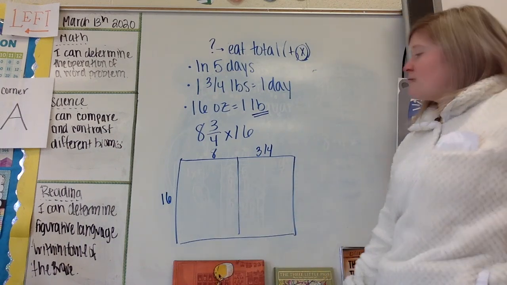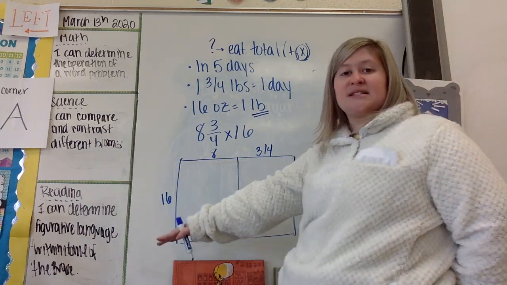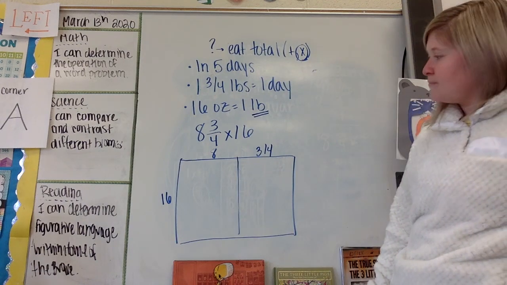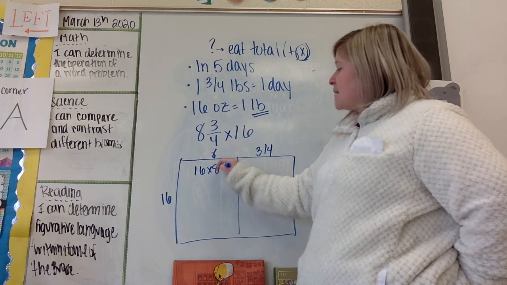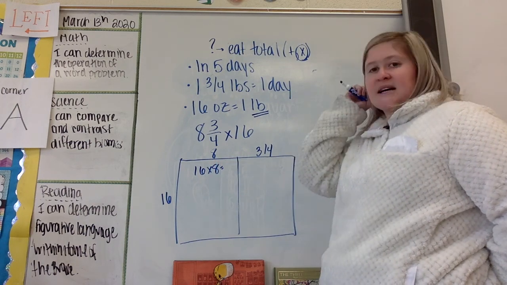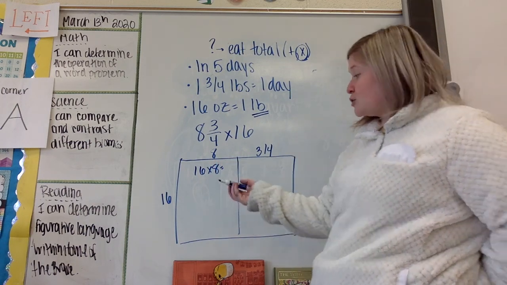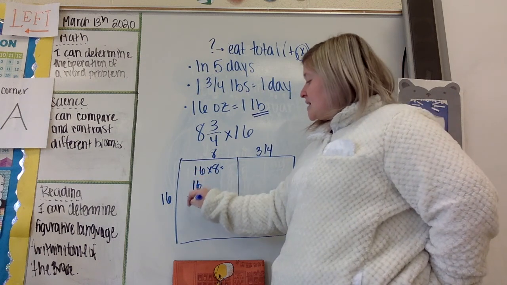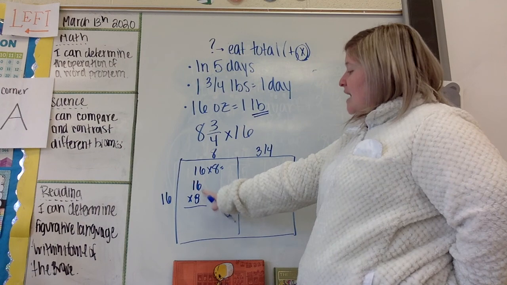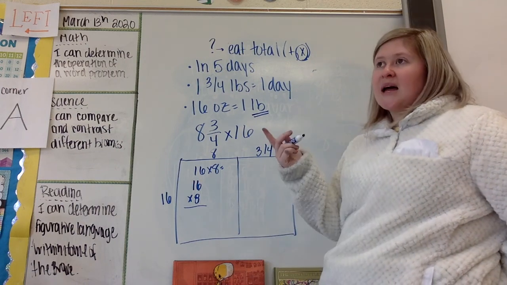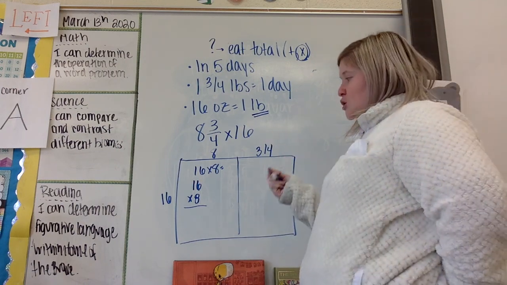Now, if you feel more comfortable making this 10 and then 6, like the box method, feel free. Our answers should be the same. So in this box, I'm going to do 16 times 8. I don't know 16 times 8 off the top of my head, so I'm going to have to do some math. So I'm doing 16 times 8 using the standard algorithm. Okay. First thing I'm going to come to is 8 times 6. Well, in my head, I know 6 times 6 is 36.